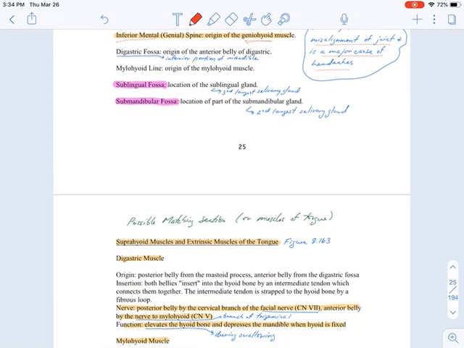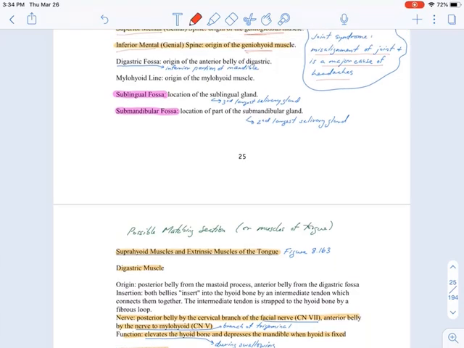Alright, so now, let's see here. These guys, they're pretty self-explanatory, but we'll run through them quick. So, you have the sublingual fossa and submandibular fossa. Sublingual, it's the location of your sublingual gland, and then submandibular, location of the submandibular gland, pretty straightforward.